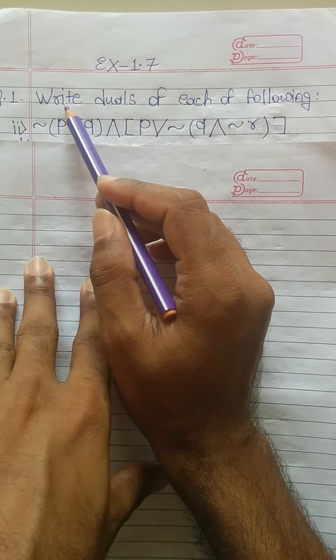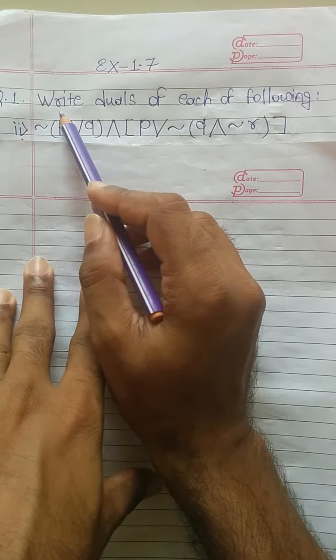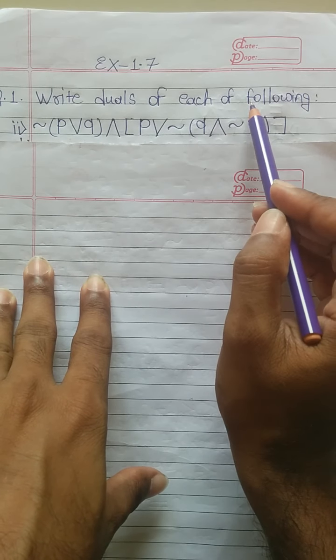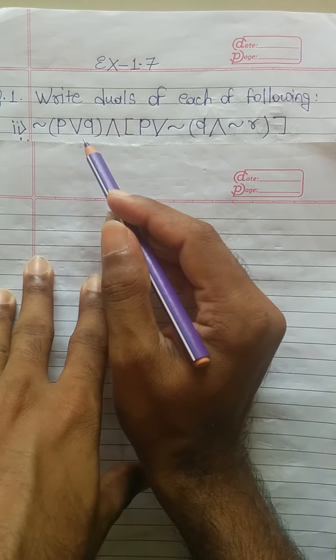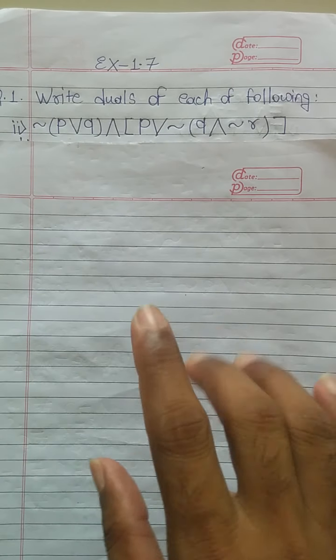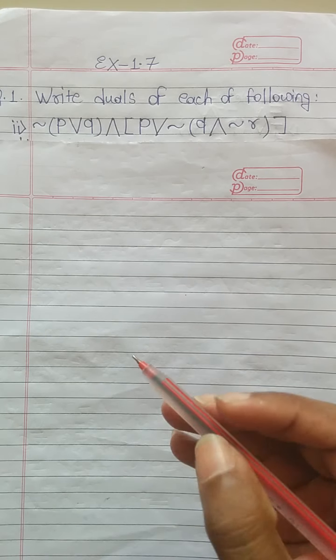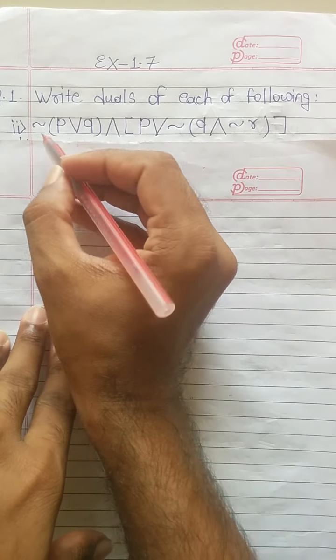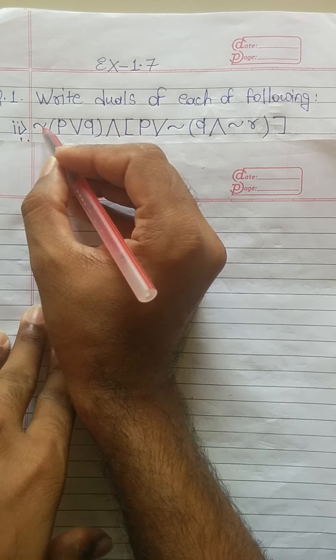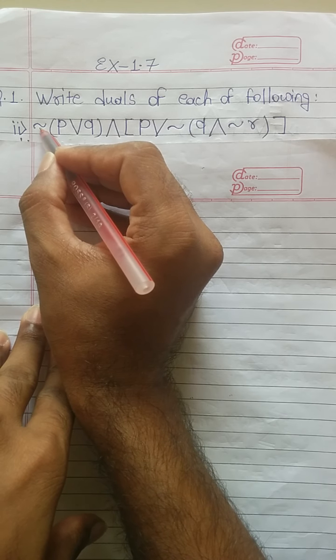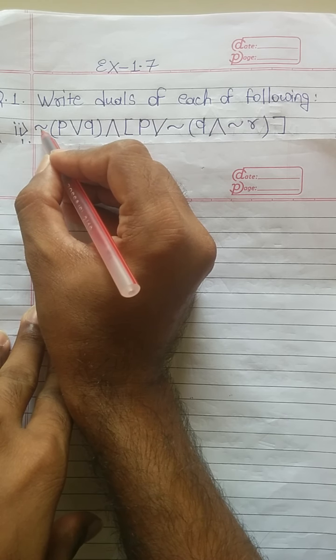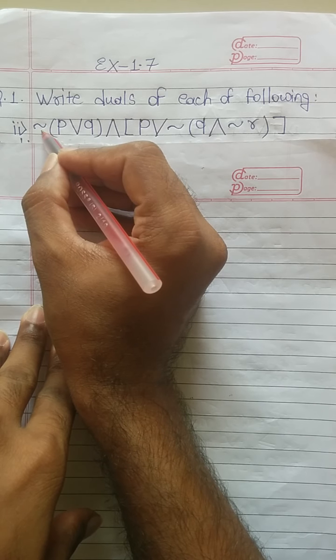Exercise 1.7, question number 1. Write duals of each of the following statements. Then how to find the dual of the given statement? Tell me, the dual of negation cannot be changed.